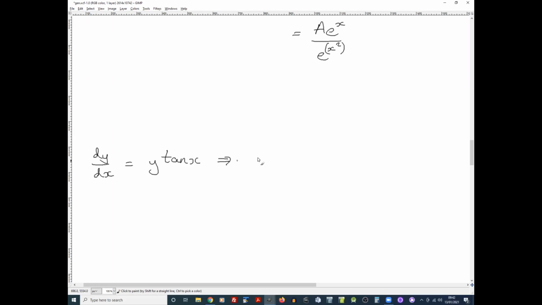Separate them. And say? Dy dx times 1 over y equals tan x. Also, if you put this one second, then you can do the notational bit if you like, but I wouldn't. Right. Then? Integrate. Integrate, that's right.